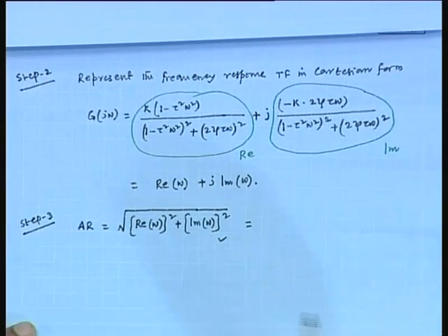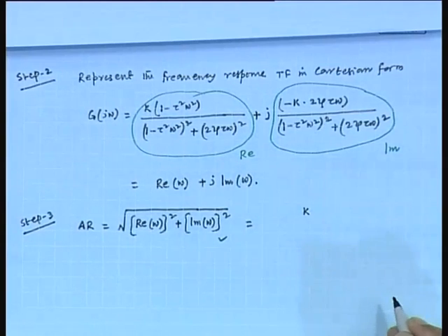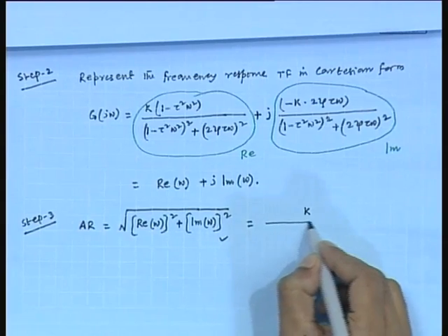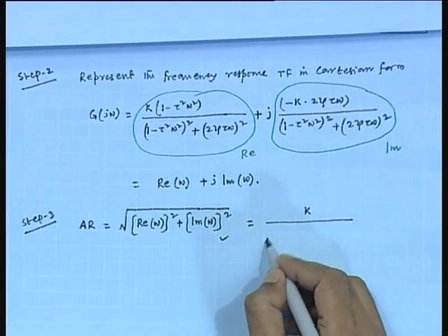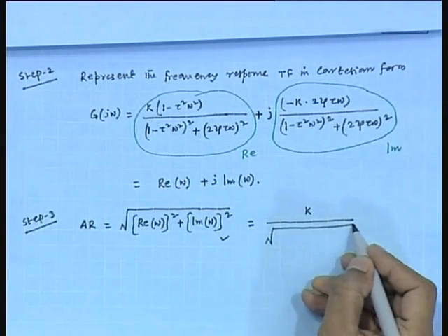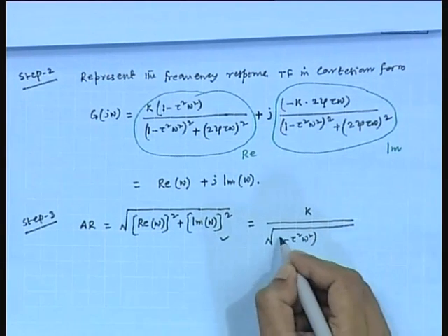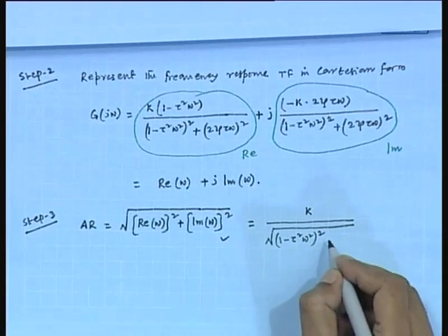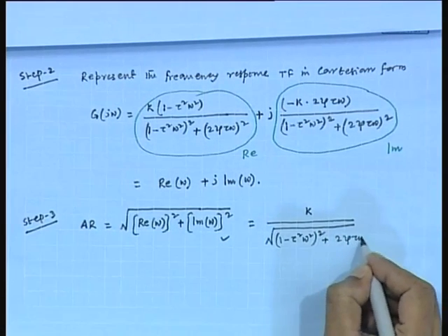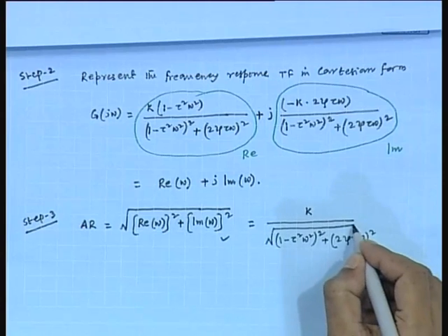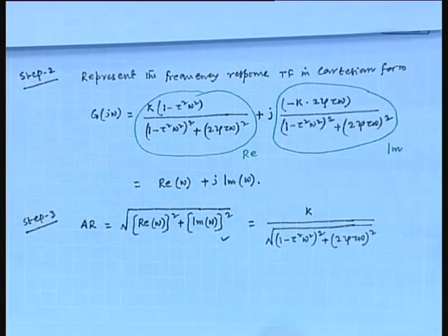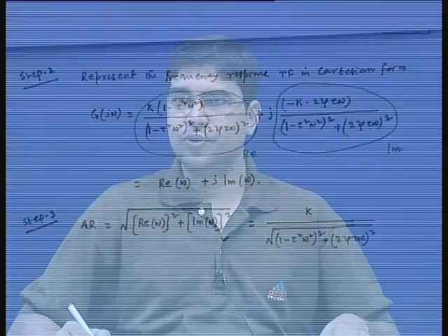So, how much is the amplitude ratio? If we substitute real and imaginary parts, the amplitude ratio becomes k divided by root over of 1 minus tau square omega square whole square plus 2 zeta tau omega whole square. Fine. So, this is the amplitude ratio for the second order system.